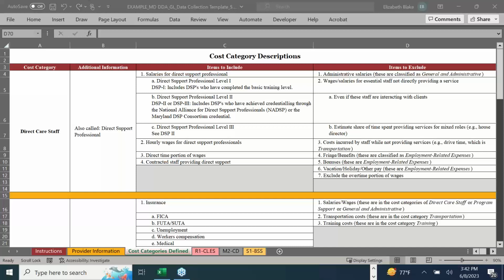Will the administrative benefits, they want to validate that the administrative benefits would be included in employment related expenses as opposed to G&A? Okay, yes, apologies. The benefits would go in ERE.